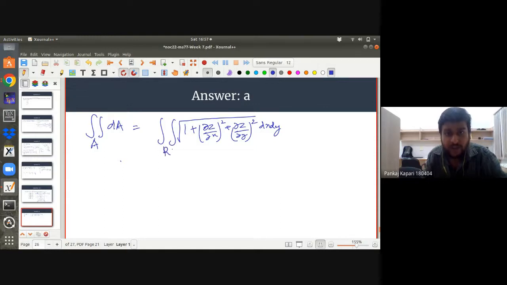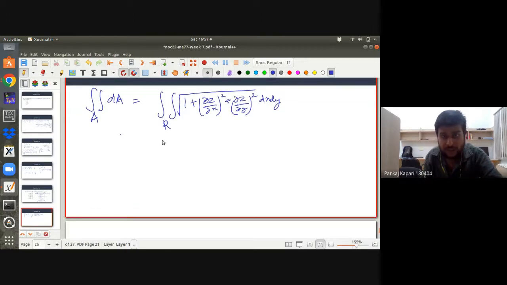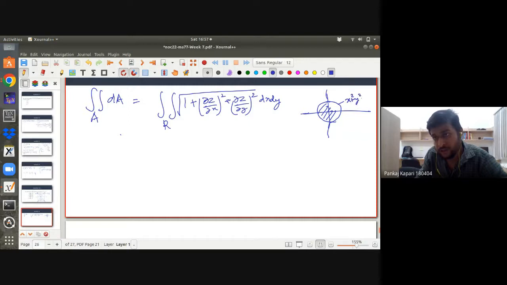Let's call it R. So R is the region in the xy plane which is the projection of this area A. Here, R is the disk x square plus y square less than or equal to 4, right?